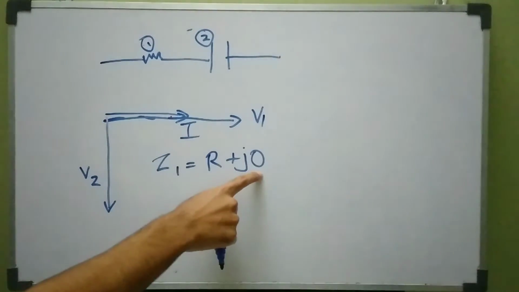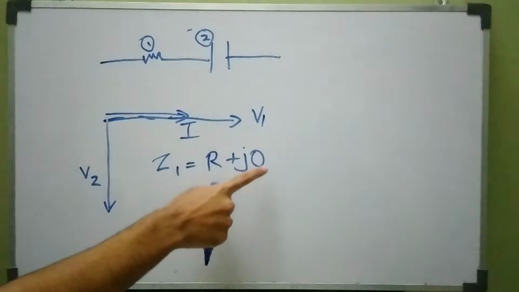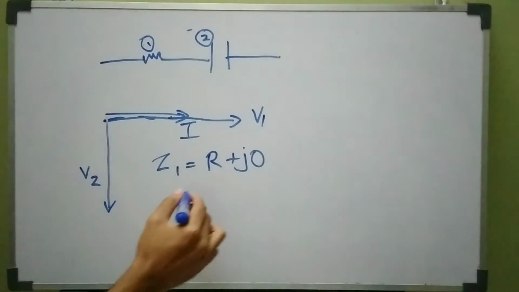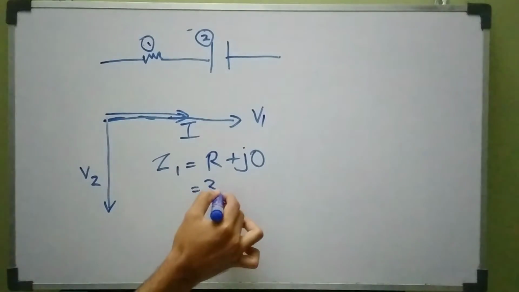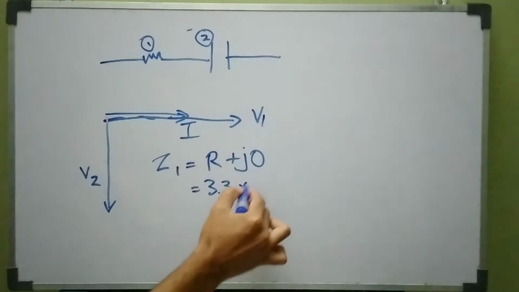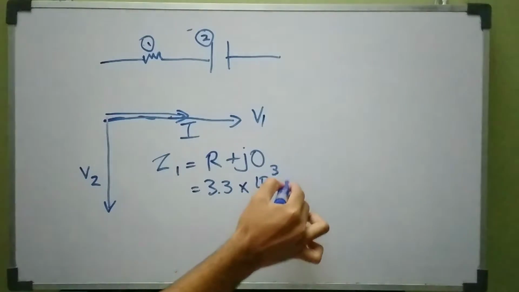I have mentioned here that R is equal to 3.3 kilo ohm. So I'm going to put this as 3.3, but be careful of the units, so I'm going to mention 10 to the power 3 ohm.